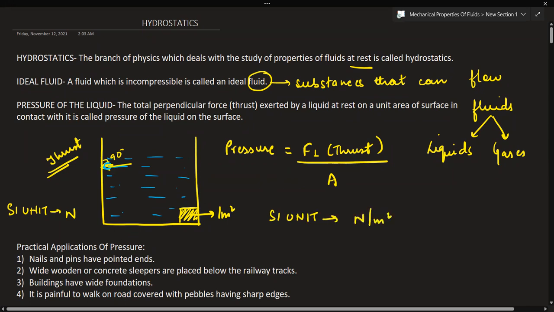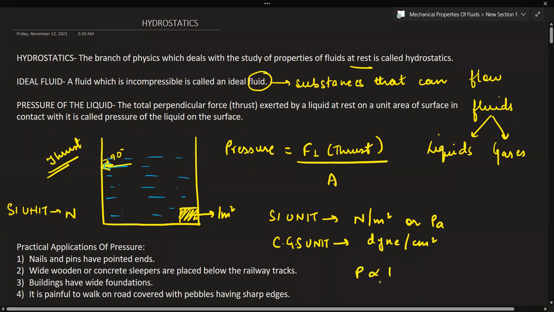Do you remember we have seen this unit previously in the last chapter in stress? Force per unit area was stress as well, right? 1 Newton per meter square is equal to 1 Pascal. So you can say Newton per meter square or Pascals. And the CGS unit for this is dyne per centimeter square, since dyne is the CGS unit of force and centimeter is the CGS unit of length.